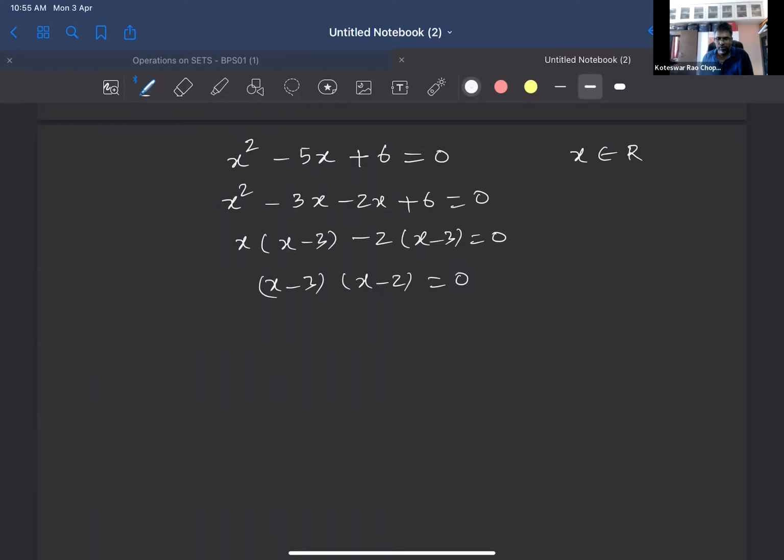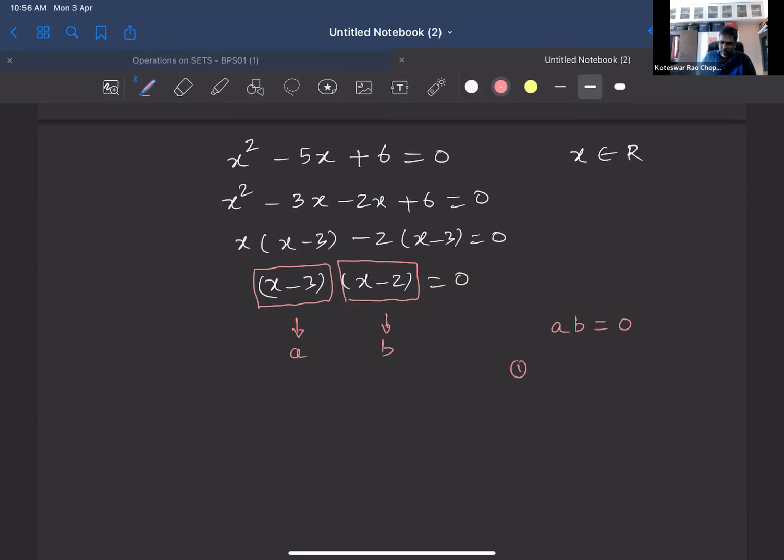Now you have a situation where the product of two quantities, x minus 3 and x minus 2, is equal to 0. I can call x minus 3 as A and x minus 2 as B. So the product of A and B is 0. What does it mean? If the product of two numbers is 0, I can have cases.